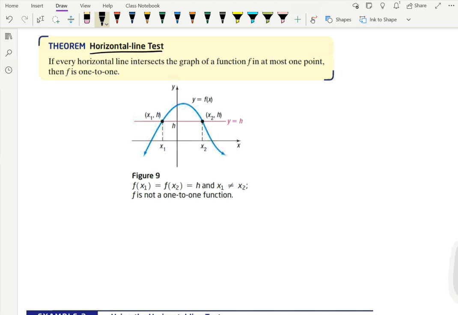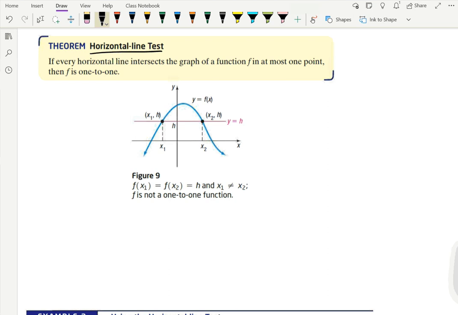So the horizontal line test is exactly what it sounds like. If every horizontal line intersects the graph of a function in at most one point, then f would be one-to-one. So if we take a look at the function that's listed, this would represent a function because anytime I draw a vertical line, it only touches the graph at one spot.